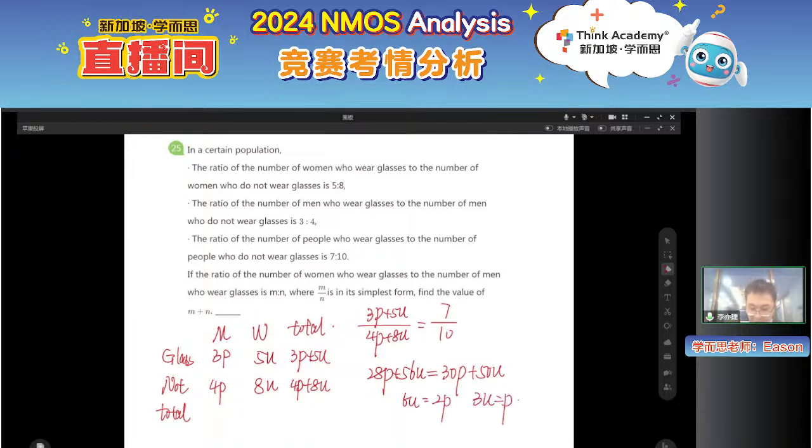Then problem solved. Because 3U equals P, now we need the number of women who wear glasses, which is 5U, and the number of men who wear glasses, which is 3P, which is 9U here. So it's 9U to 5U, which is 9 to 5. So m plus n is 14.